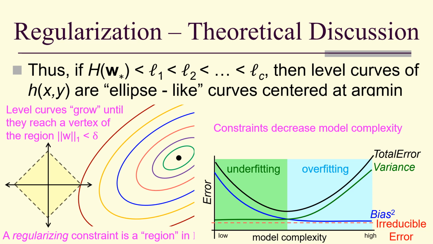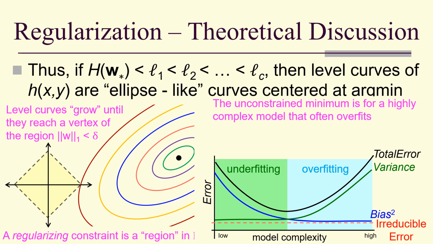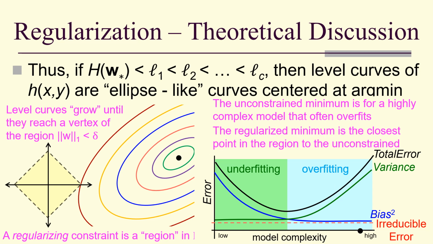So notice that by forcing something to be in a region, we have a less complex model. That means the unconstrained minimum is often for a highly complex model that often overfits. But the regularized minimum is the closest point in the region to the unconstrained one, and in the L1 case often gives us some subset of zeros for the weights.